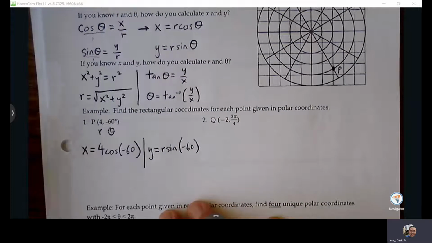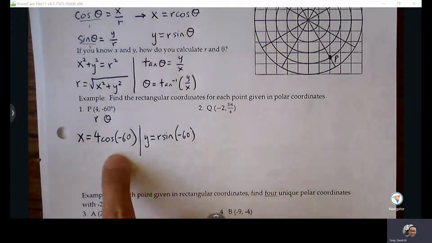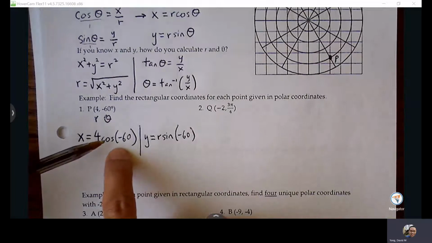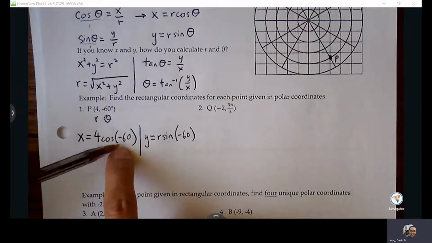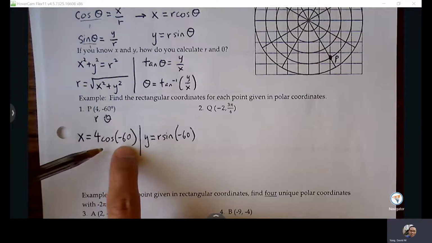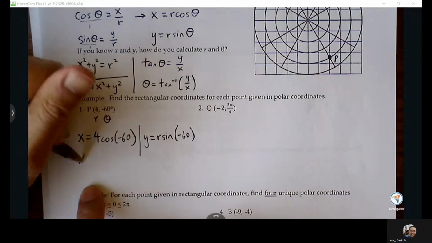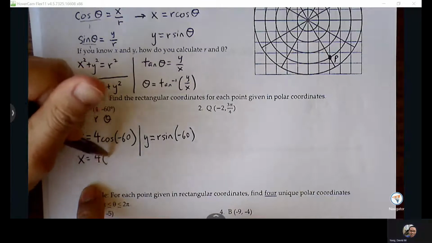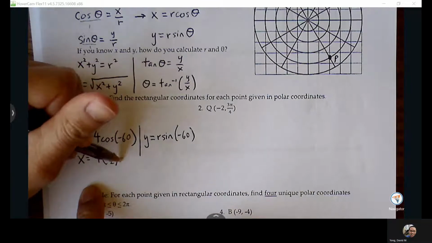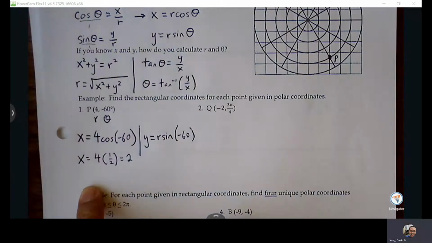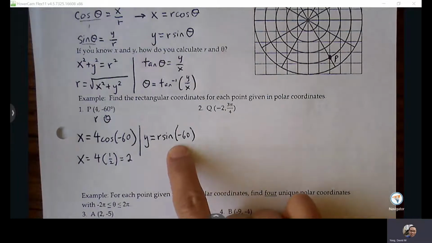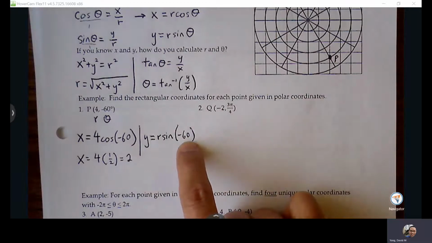Okay, let's practice recalling our unit circle values, right? Cosine negative 60. We know cosine is positive in the fourth quadrant, and we know cosine of 60 is 1/2. Sine, we know sine is going to be negative in the fourth quadrant. Sine of 60, we know that's √3/2, so negative √3/2.